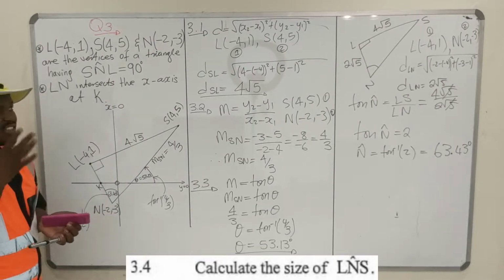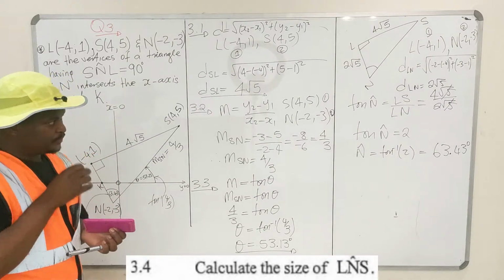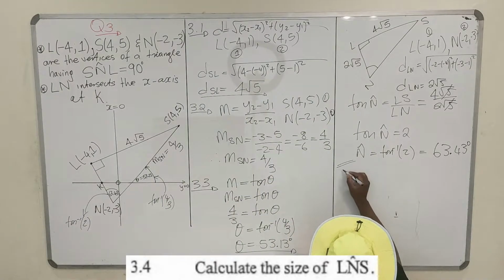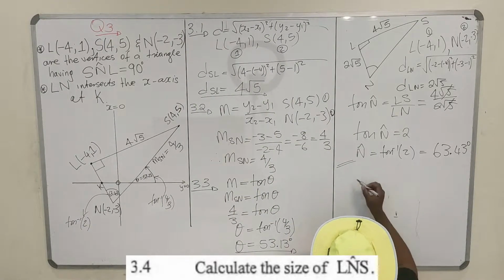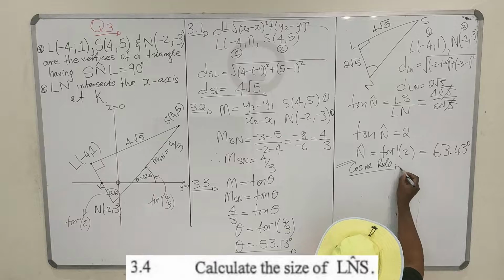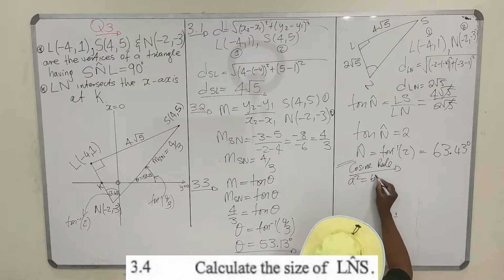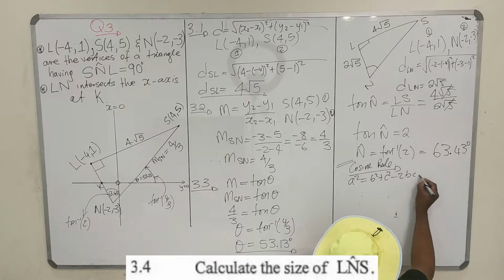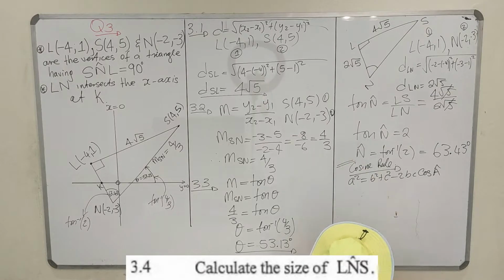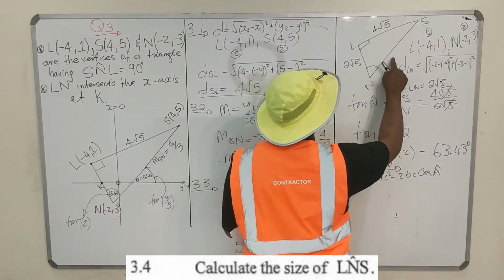Done. So another way you can do it is using the cosine rule. Cosine rule almost works every time. It says a squared is equal to b squared plus c squared minus 2bc cos A. But in this case, what you need is this length on the other side.